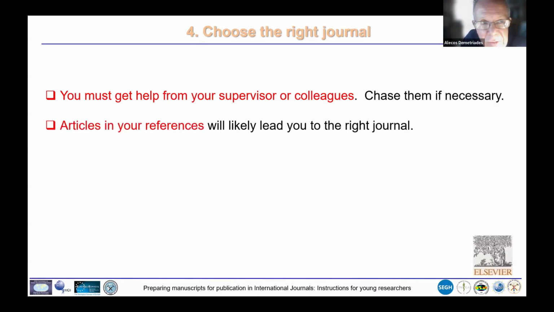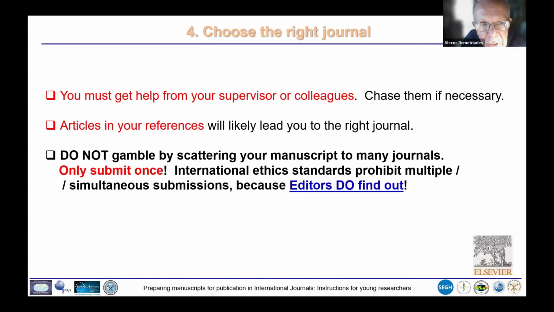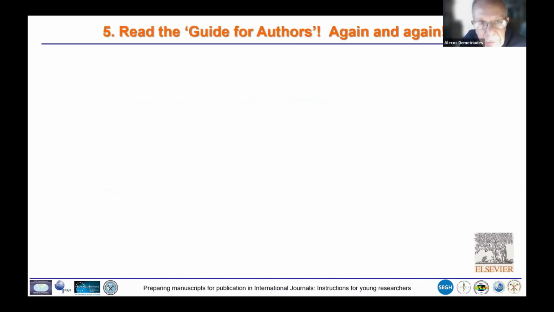Chase them if necessary. Articles in your references will likely lead you to the right journal. Do not gamble by scattering your manuscript to many journals. Only submit once. International ethics standards prohibit multiple simultaneous submissions because editors do find out.